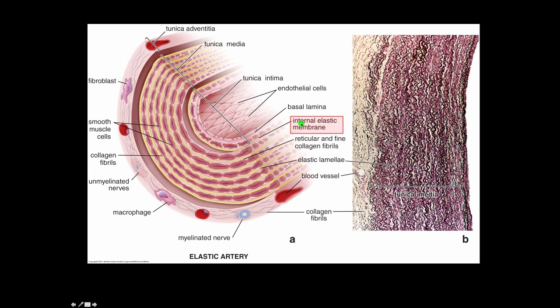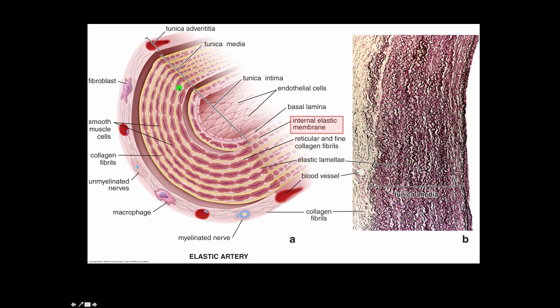Oftentimes you'll hear people talk about the internal elastic membrane and the external elastic membrane. Those are synonymous with the internal elastic lamina and external elastic lamina. I happen to use the term internal and external elastic lamina, but if you see internal or external elastic membrane, it's saying the same thing.